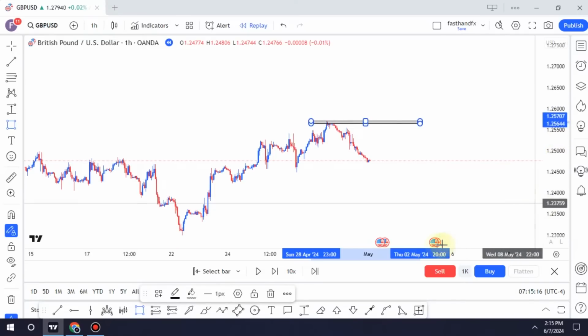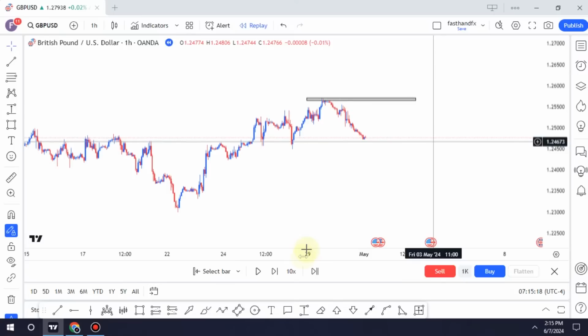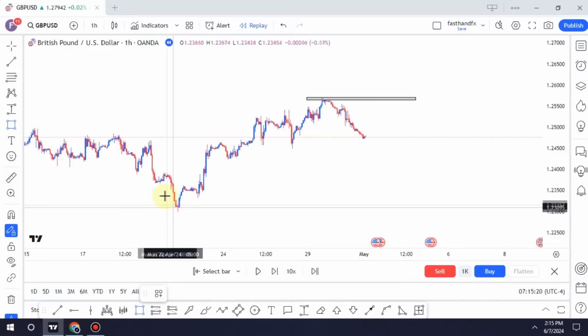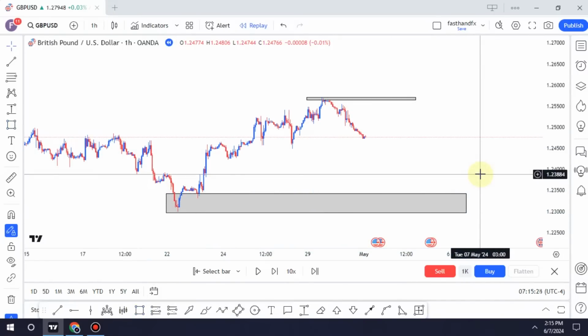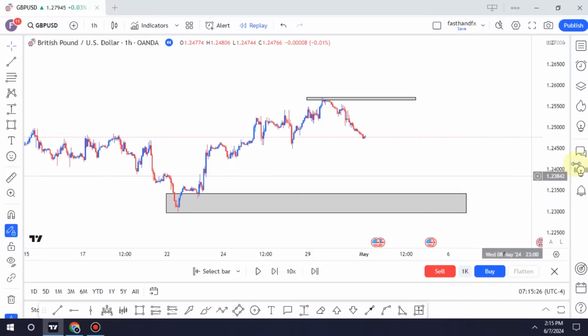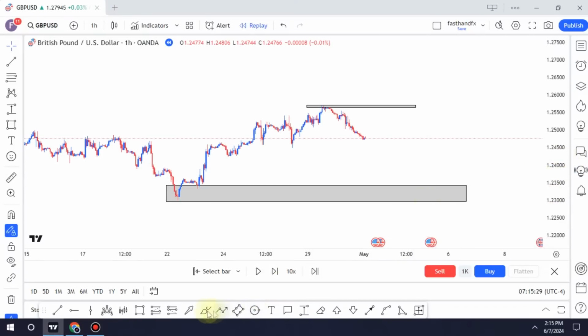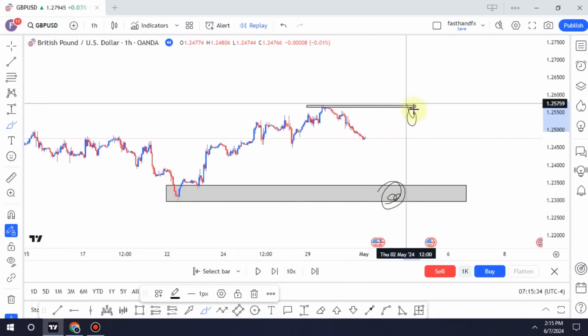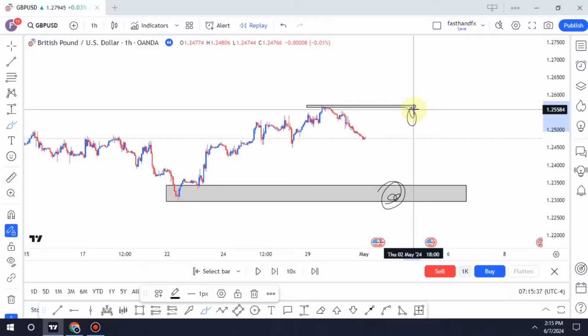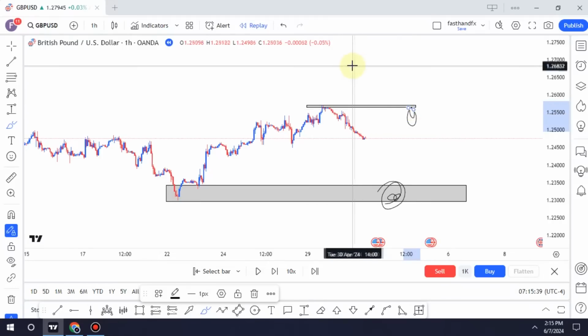Now if you go to the lowest level, we identify this as a demand because we also had a buying pressure. So when price touches this level, we anticipate a buying pressure, and when price touches this level, we anticipate a selling pressure. Those are the levels we call supply and demand.